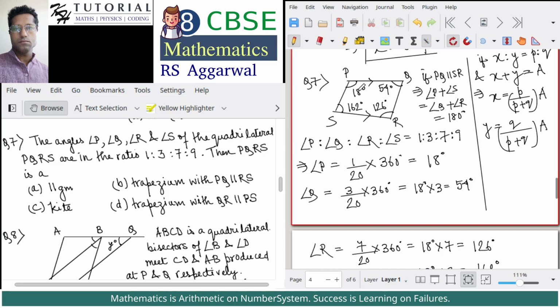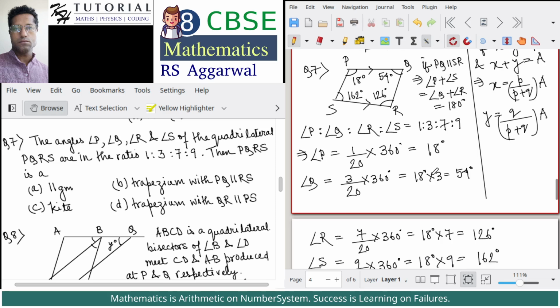Angle P is 180 degree and angle S is 162 degree. So definitely we can see angle P and angle S sum to 180 degree. Also Q and R, their sum is 180 degree.